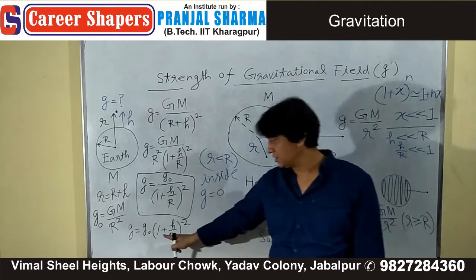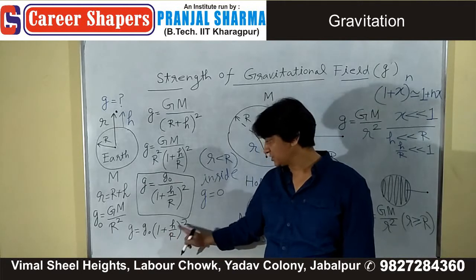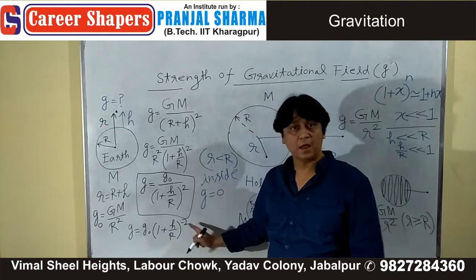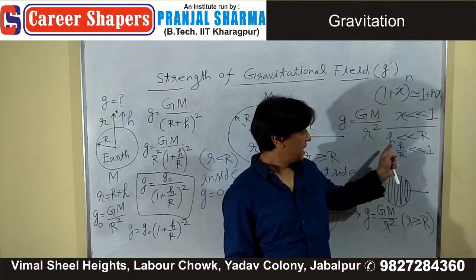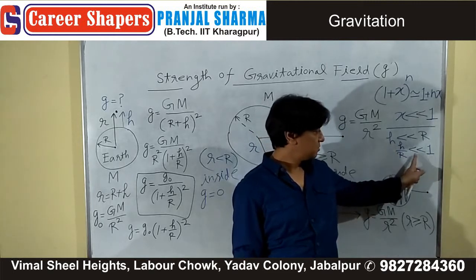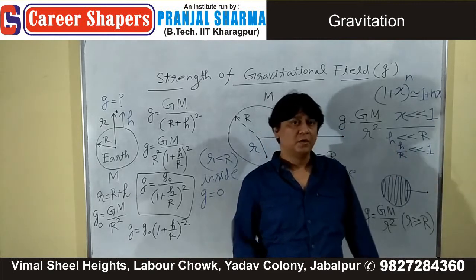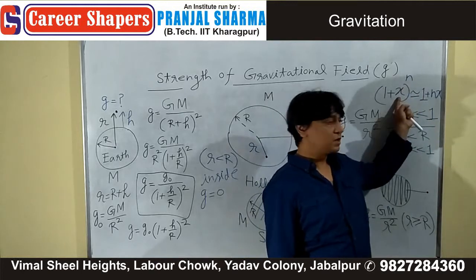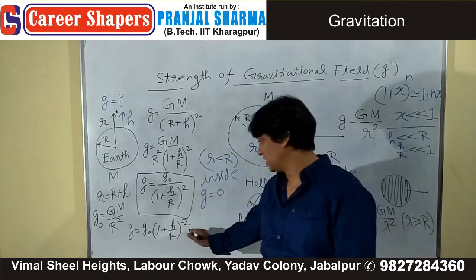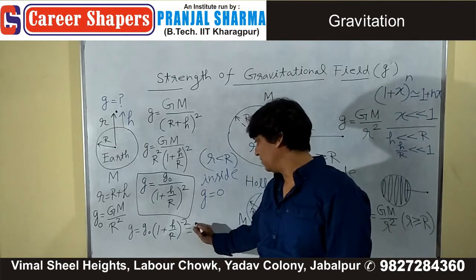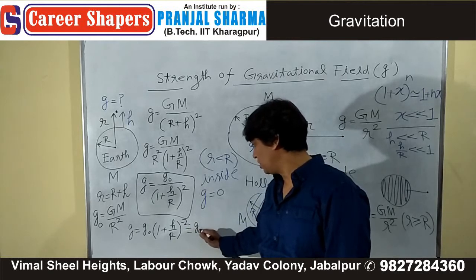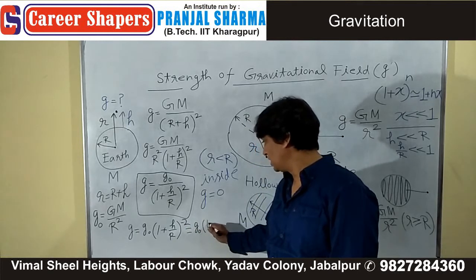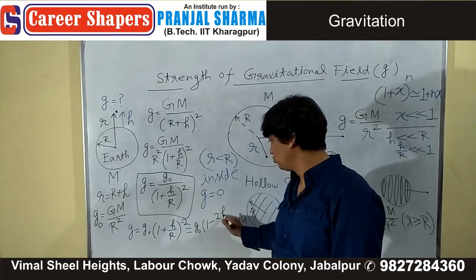Now, this is 1 plus x to the power n. And if h upon r is much smaller than 1, then you can always multiply the power inside, and then it gives you G naught times 1 minus 2h divided by r.